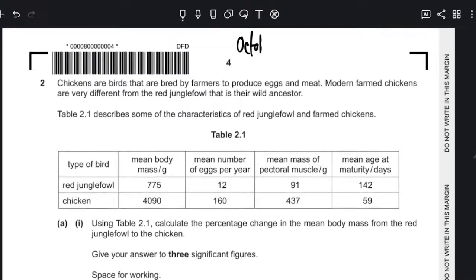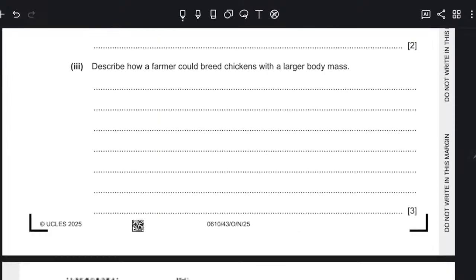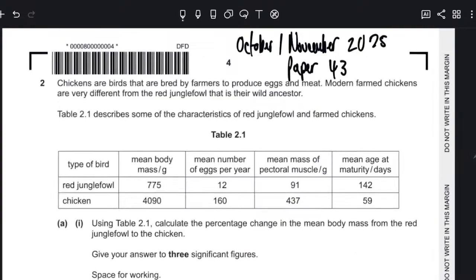October, November 2025. Is it paper 42 or 43? I think it's paper 43. Yes, it's paper 43, and say number 2. Write this: October, November 2025, Paper 43, Number 2. So we are doing number 2 from paper 43, October, November 2025. Everybody, you can open it. Let's go through this. Write this down.